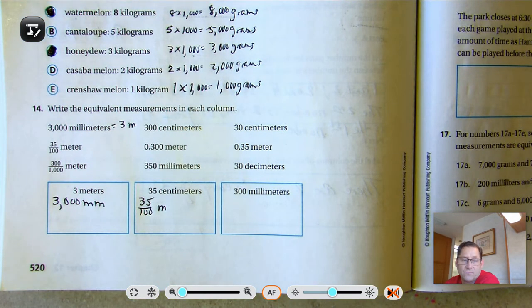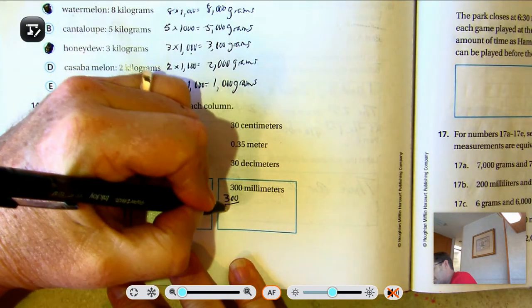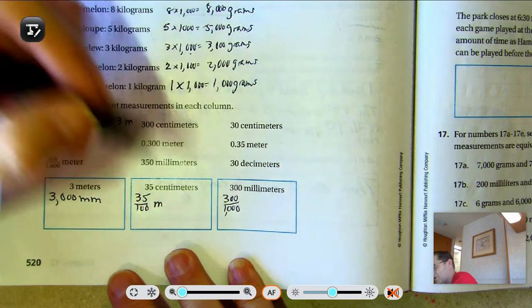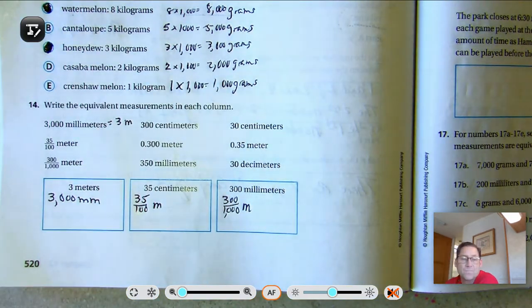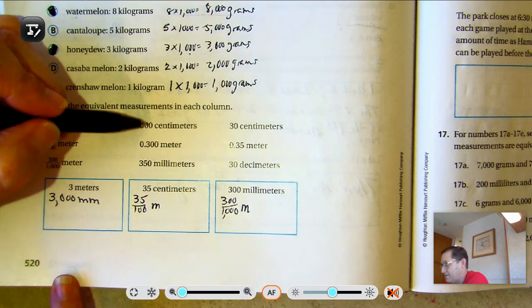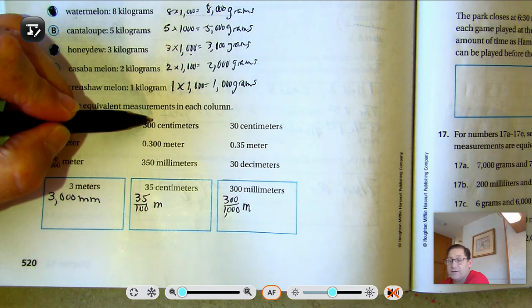300 thousandths of a meter. Which unit takes 1,000 in order to equal a meter? A millimeter. So 300 over 1,000 meters. All right, 300 centimeters. Well, there's 100 centimeters in every meter.